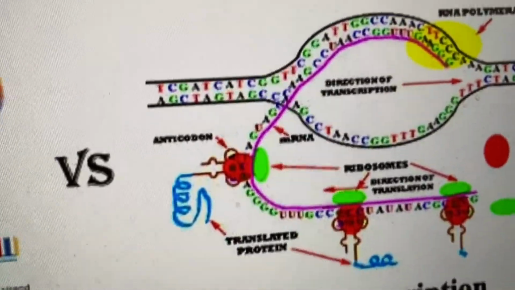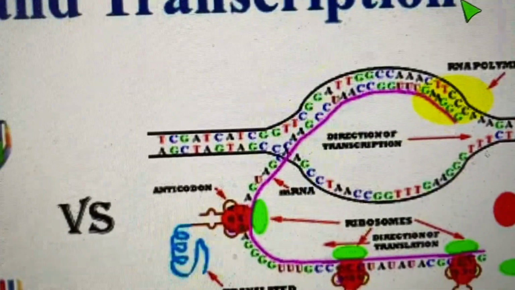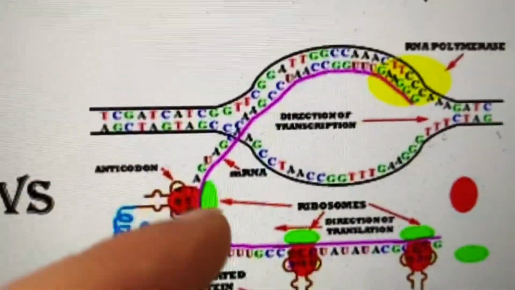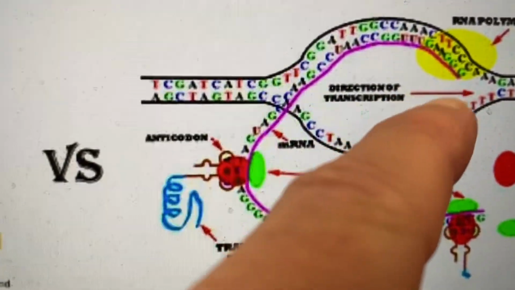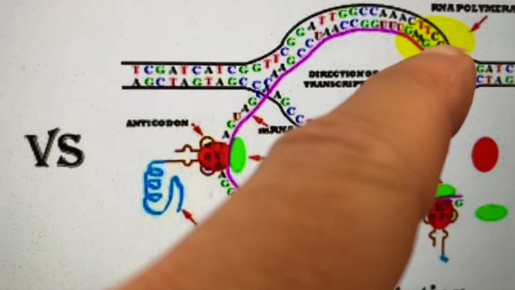Transcription happens also in the nucleus. In transcription, you don't make two new strands, you just make part of one strand, a strand of mRNA. You still need a helicase to split the strands, and then you use an RNA polymerase.